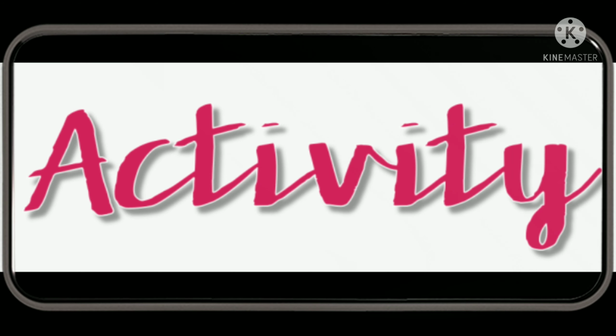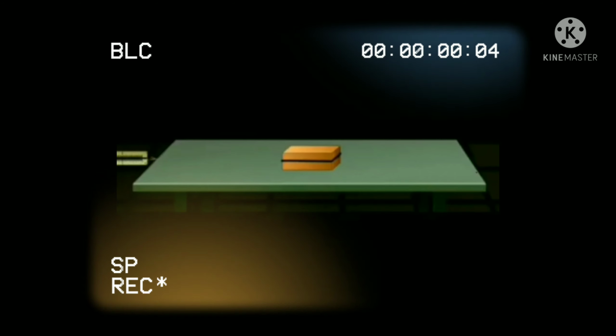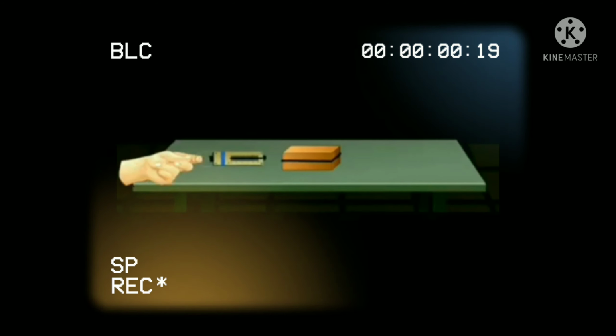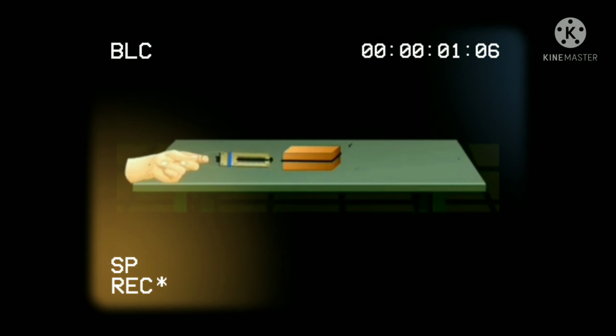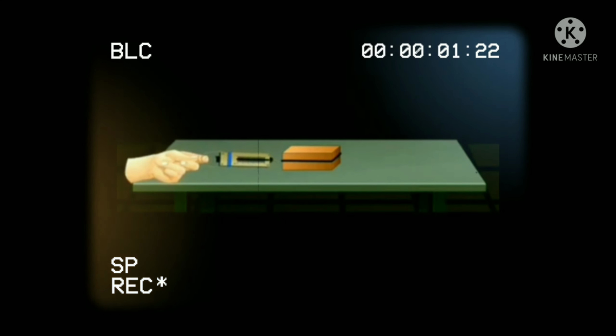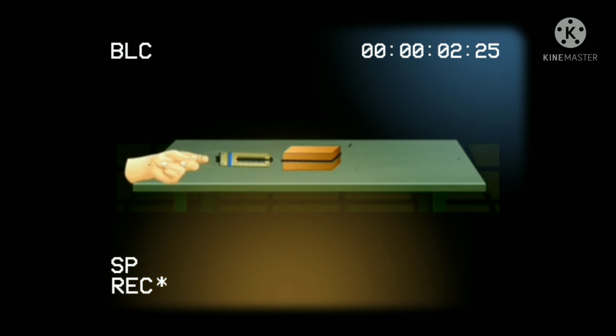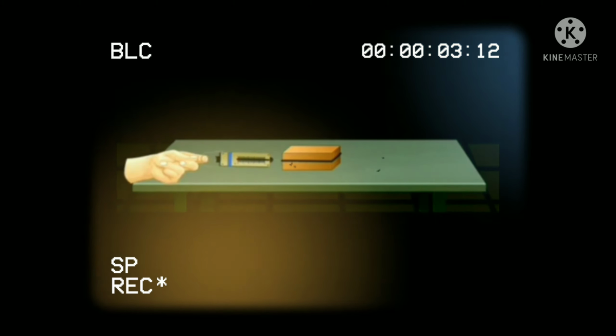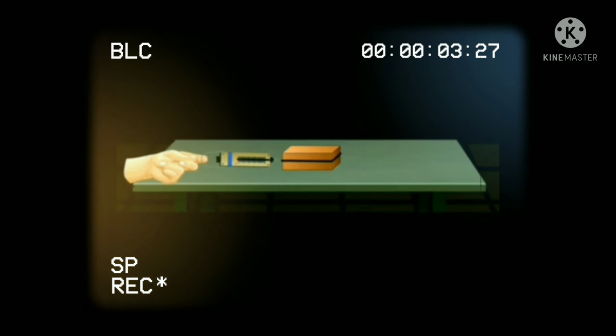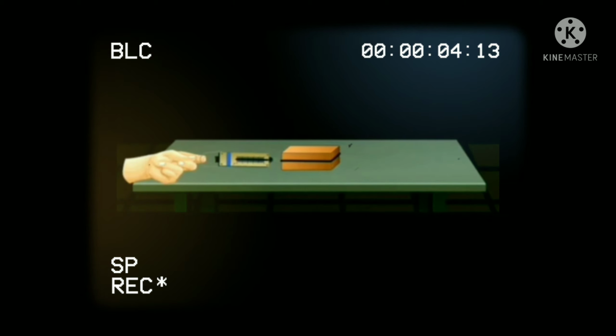Let us measure friction by doing a simple activity. Place a wooden block on a wooden table having a rough surface. Attach a spring balance to its hook and pull the spring balance in the horizontal direction.